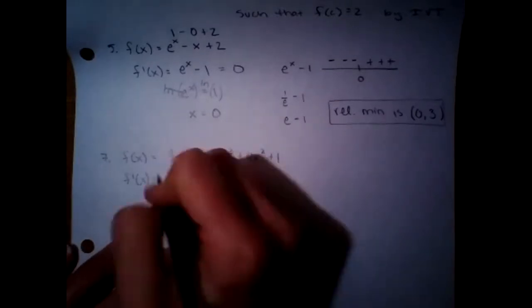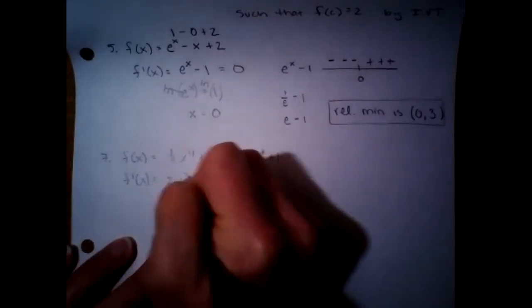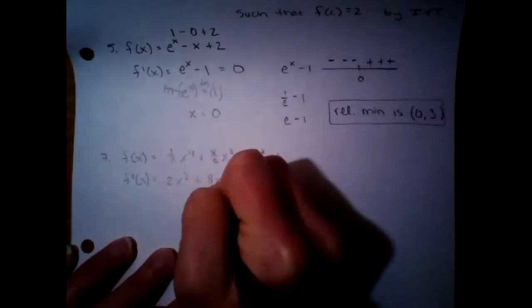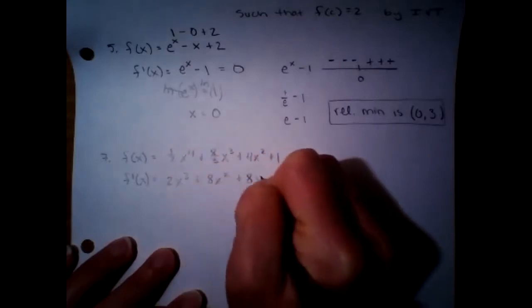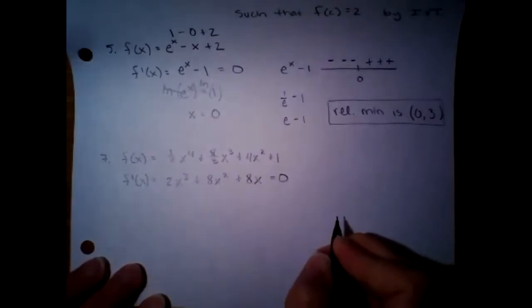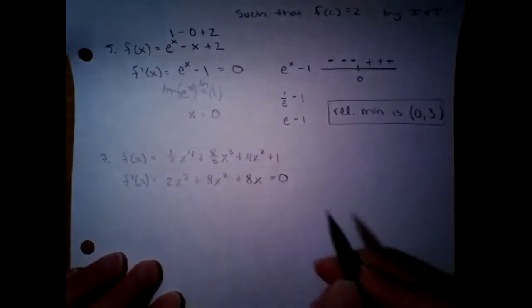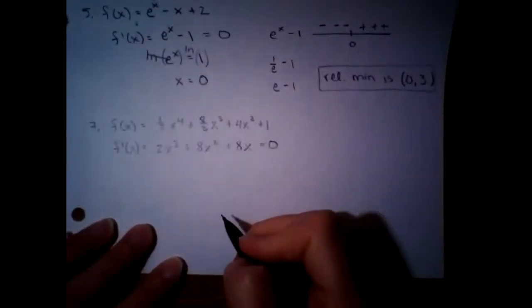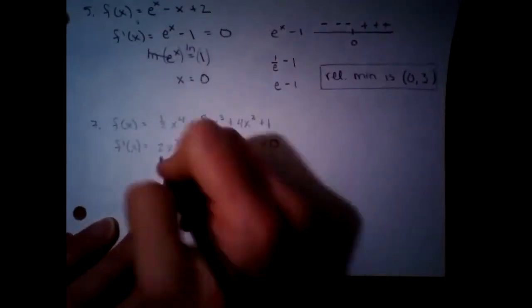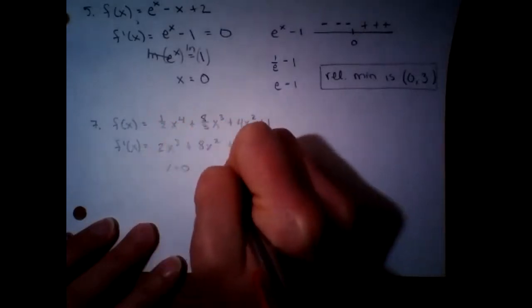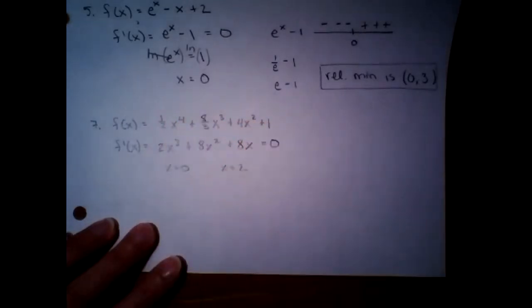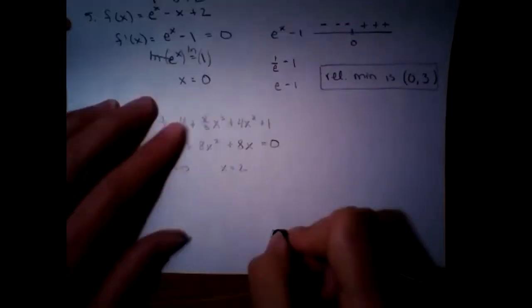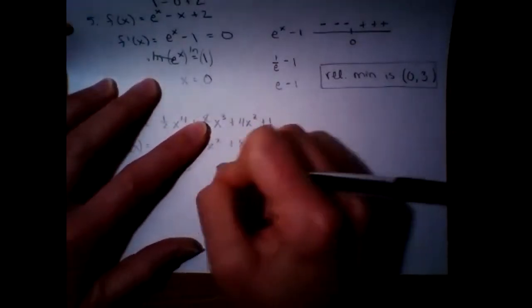All right, so this derivative is going to be 2x cubed plus 8x squared plus 8x. We're going to set that equal to 0. And I'm not going to go through working all this out for the sake of time, because you guys asked for part C. If you factor this, your critical points are 0 and -2. Actually, you know what? I'm going to have to go through the whole thing because I can't get to part C without using those factors.